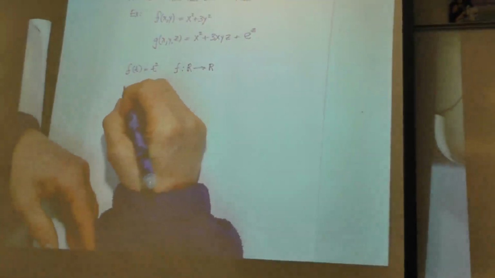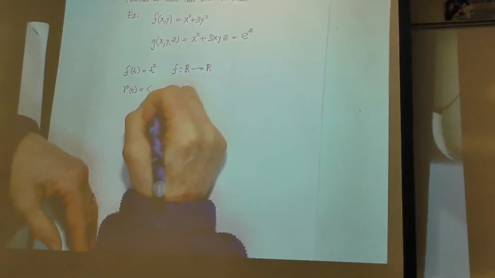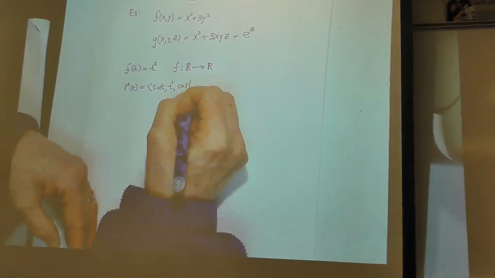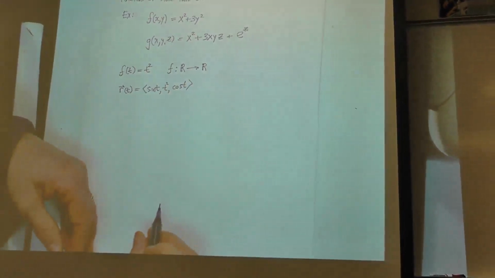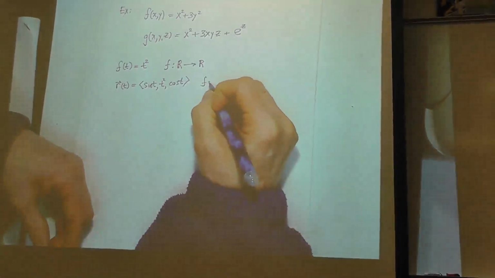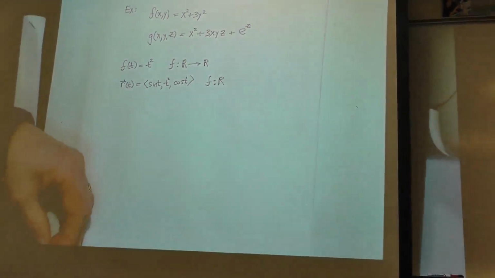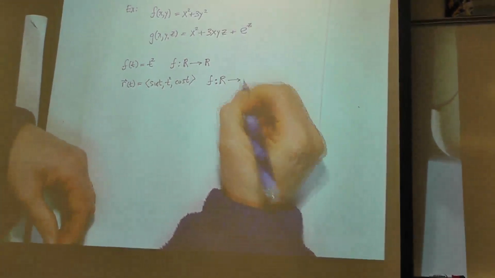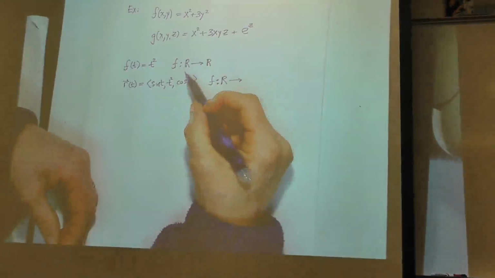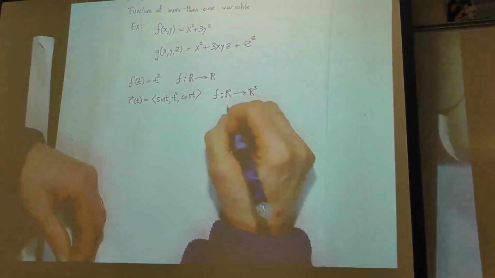We dealt with vector valued functions. This is an example of a vector valued function. This is a function which starts with a real number and maps it to a vector. But that vector can also be thought of as being a point in 2 space or 3 space.